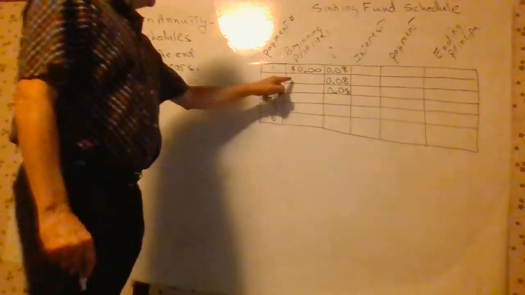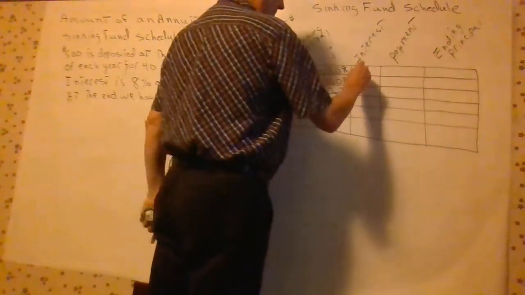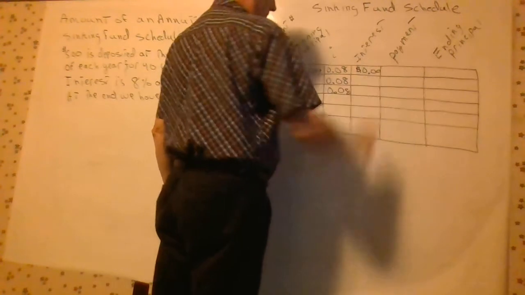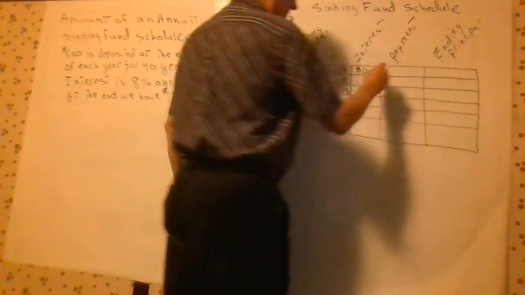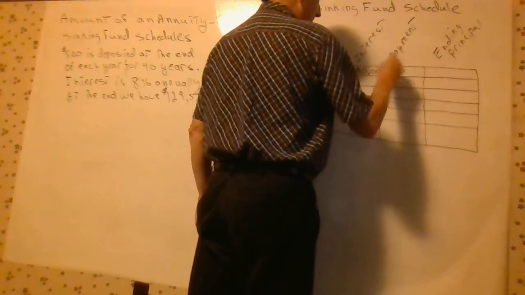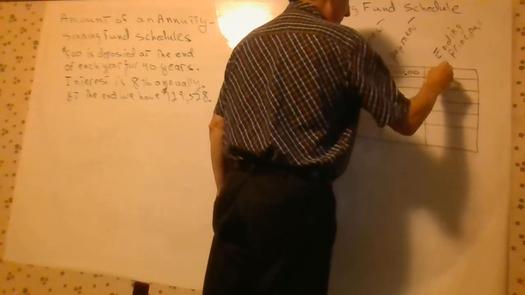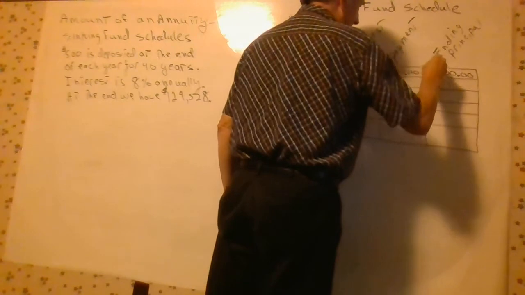Interest, we multiply principal times interest. 0 times 8% is 0 for the first year. Then the end of the year comes along, and we're going to put a payment of 500 in. And in the end, we have $500.